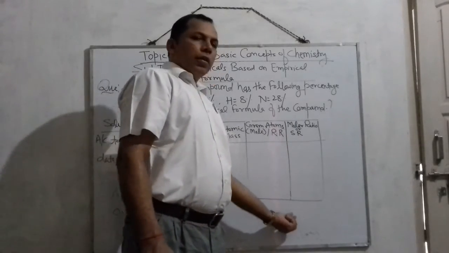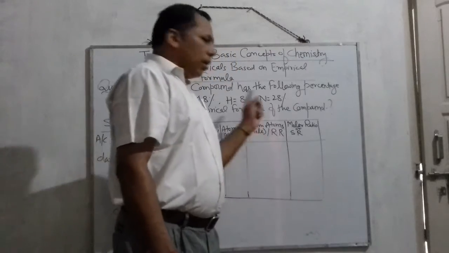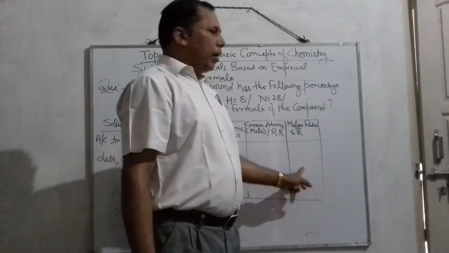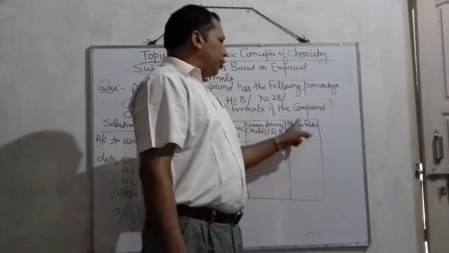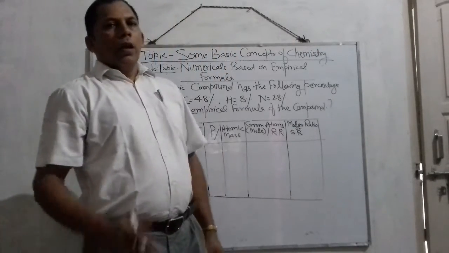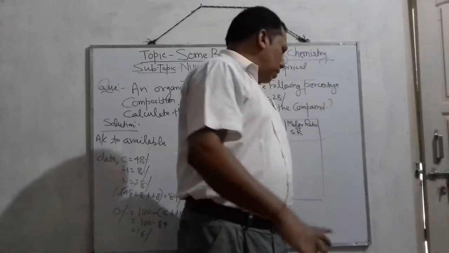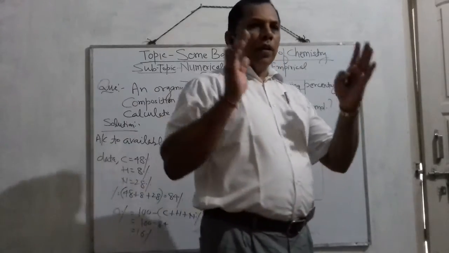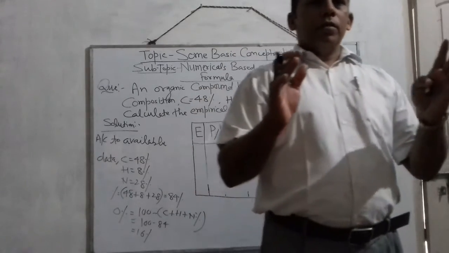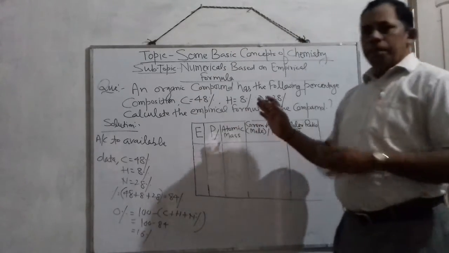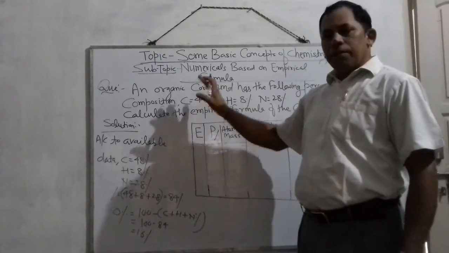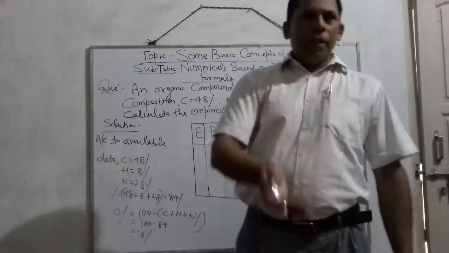Then write the symbols of the elements side by side and put the numerical value of the simple ratio at the right hand lower corner of each element, and you will get the empirical formula of the compound. Student, this is the best way of determination of the empirical formula.